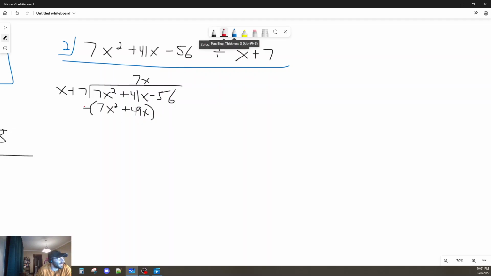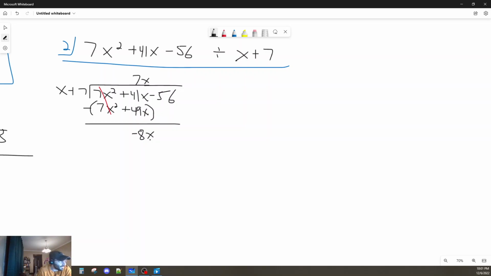Okay, and we could just keep a subtraction. 7x squared minus 7x squared is 0, so that cancels out. 41x minus 49x, well, 41 minus 49 is going to be negative 8. Right, 41x minus 49x is going to be negative 8x.